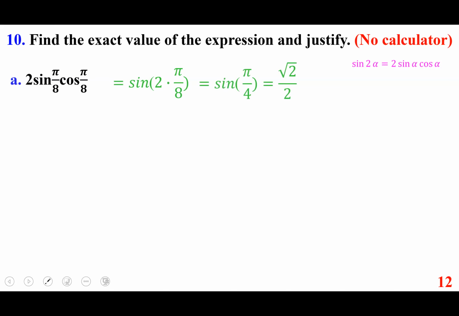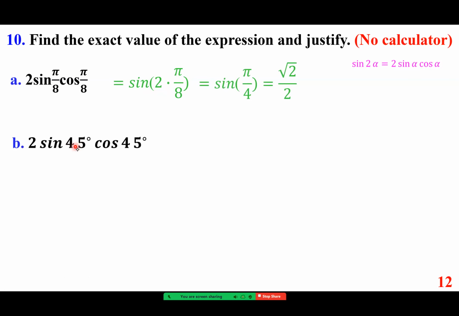Pretty straightforward, everybody. Two sine of 45 cosine of 45, same thing. It's just like what we did here, sine of 2 times 45 degrees, which is 90 degrees. And you know that sine of 90 degrees is 1.